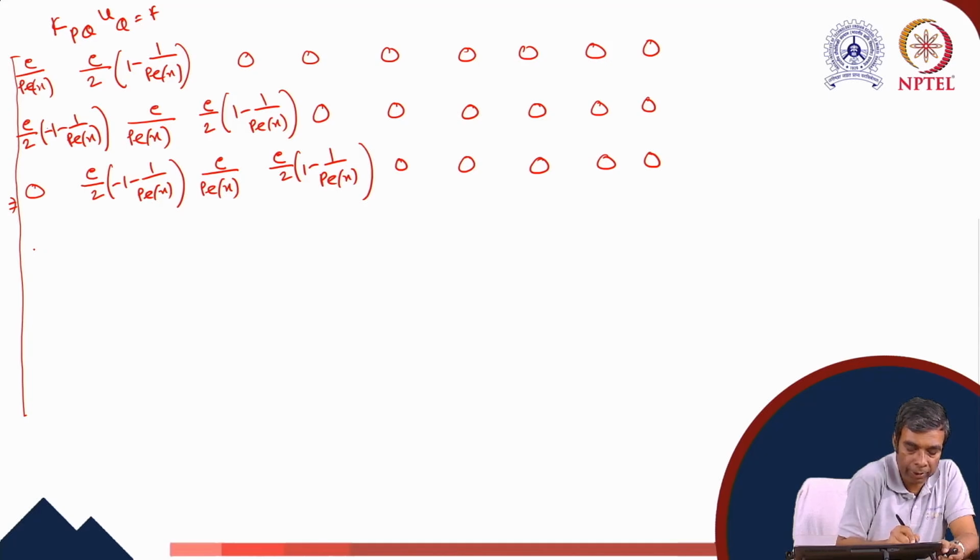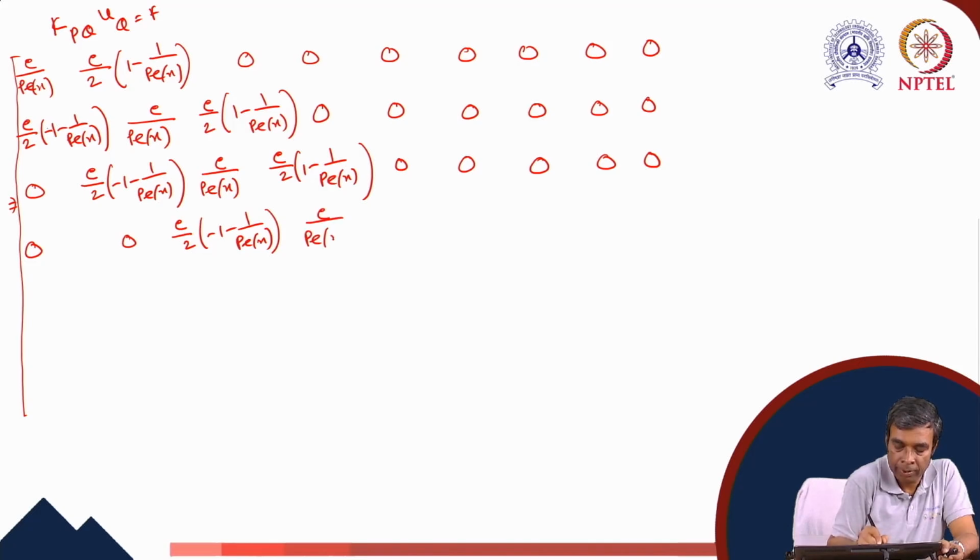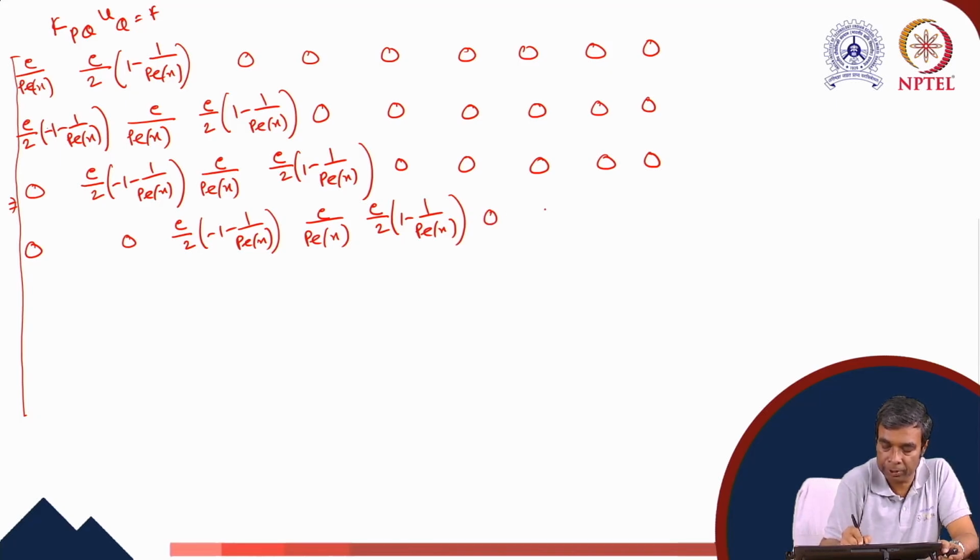Then in the fourth equation, 0, 0, C by 2 into minus 1 by PEX, then C by PEX, then C by 2 into 1 minus 1 by PEX. Then we have the remaining 4 terms 0, 0, 0, 0.